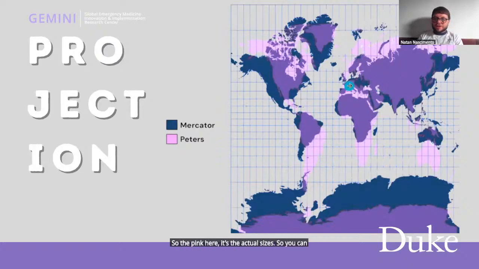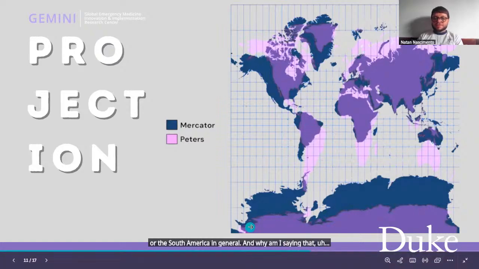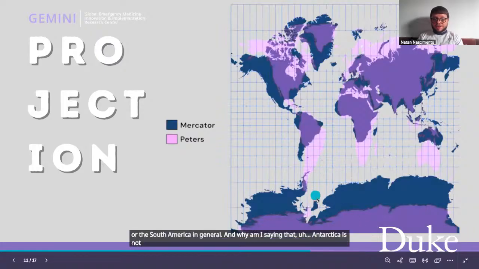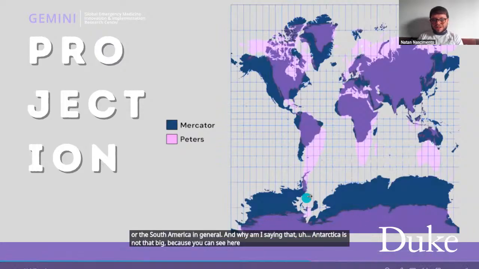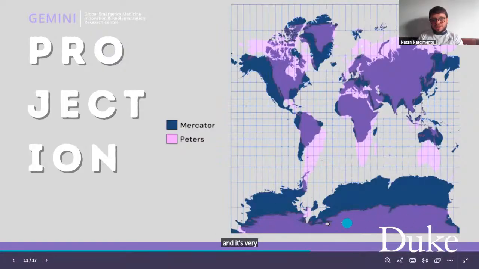You can see that Africa is way bigger here than it is in the Mercator. The same goes for Brazil or South America in general. And why am I saying that Antarctica is not that big? Because you can see here that South America goes up here and it's very close. And it's almost the same size as Asia, probably, or even a little bit smaller. So it is big, but it's not that big.